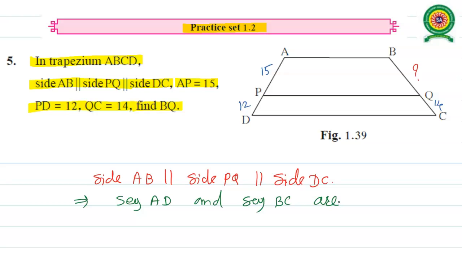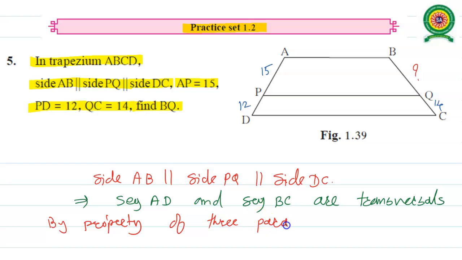Once a line intersects parallel lines, that line is said to be a transversal of the given parallel lines. So AD and BC are transversals. I am writing here by the property of three parallel lines and their transversal.